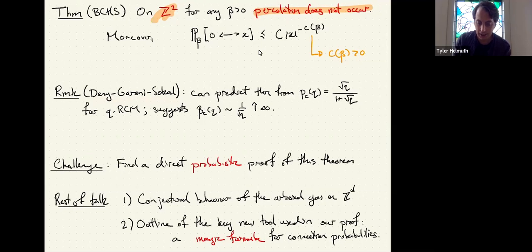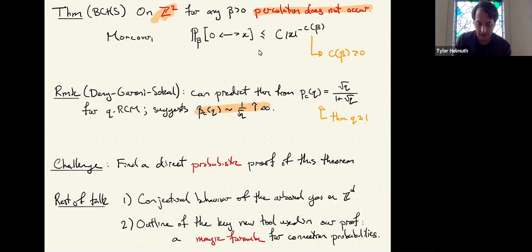So for the random cluster model, it's known that the critical point is square root q over 1 plus square root q on Z2. And that's a theorem when q is at least 1, due to Beffara and Duminil-Copin. It's not known when q is less than 1, but if you pretend it is, then it tells you that the critical point of the arboreal gas, beta c of q, looks like 1 over root q as q goes to 0. So that blows up. So that tells you there won't be a transition.